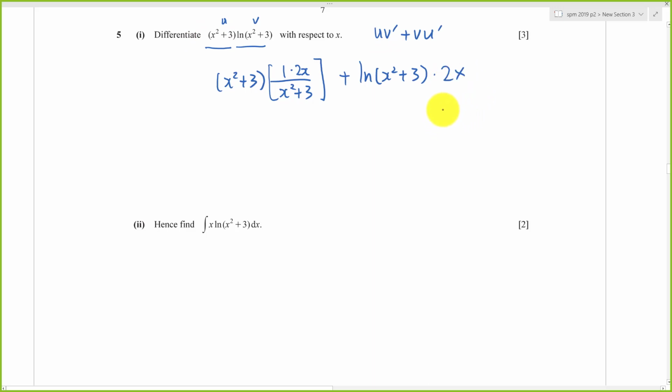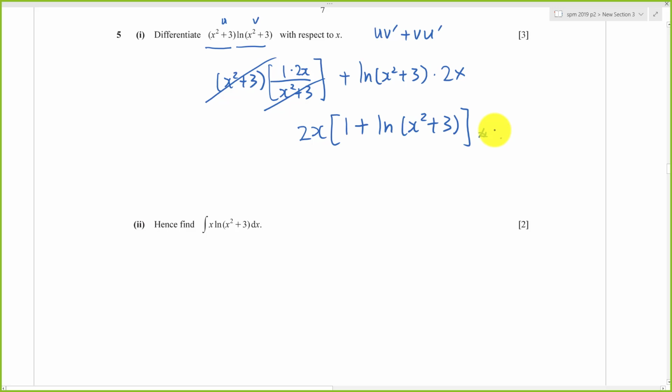Normally I will simplify it. This one and this one are the same thing, both have 2x, so I will just factorize out the 2x. I have 1 plus ln of x squared plus 3. Yep, this one will be my final answer.